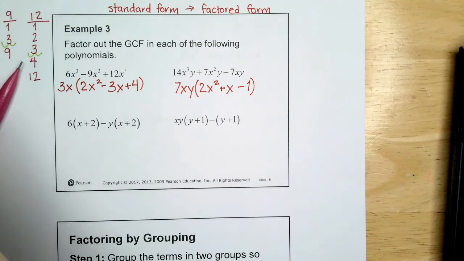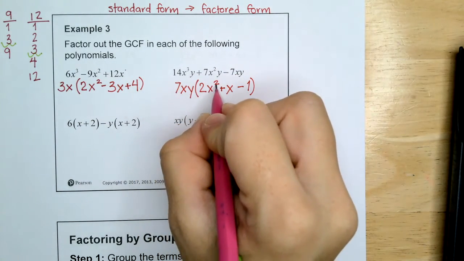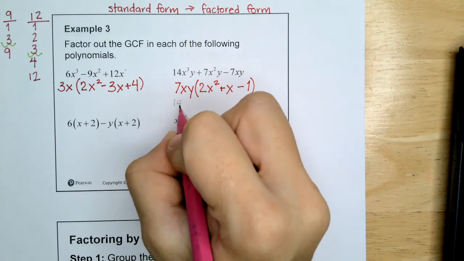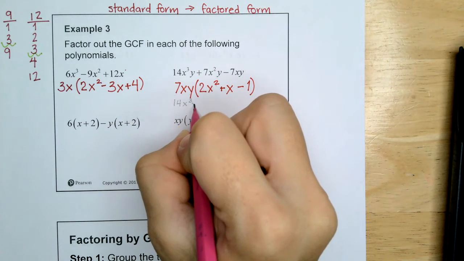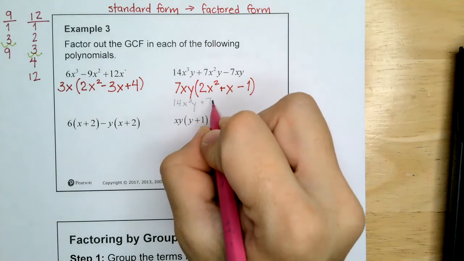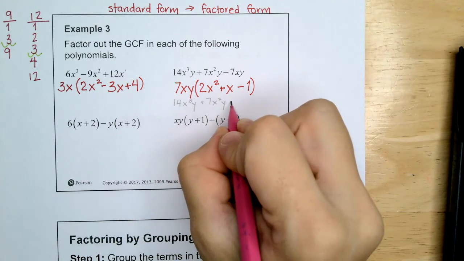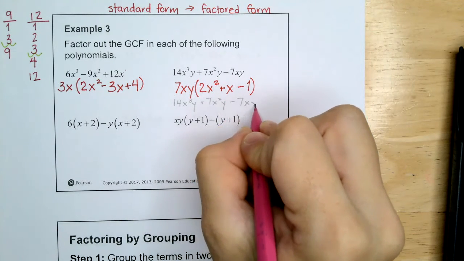So let me show you. 7xy times 2x squared would give us 14x to the third y. 7xy times x gives us 7x squared y. 7xy times negative 1 gives us minus 7xy.